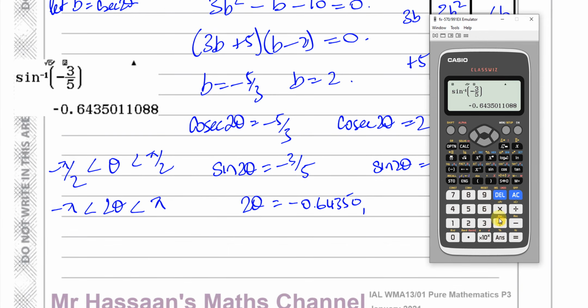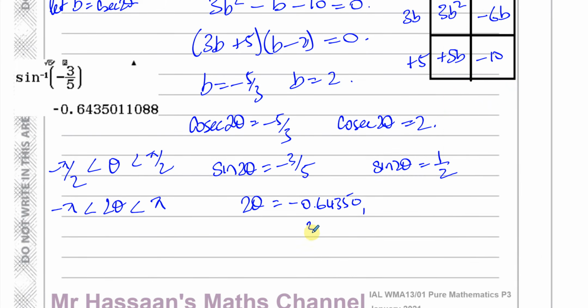So if I do pi minus the answer, I'm going to be more than 3.142. The other answer is going to be 3.78509. Now this is outside of my range. This is okay, it's inside my range. This is outside my range. But I'm going to use these solutions to try to find other solutions within my range.